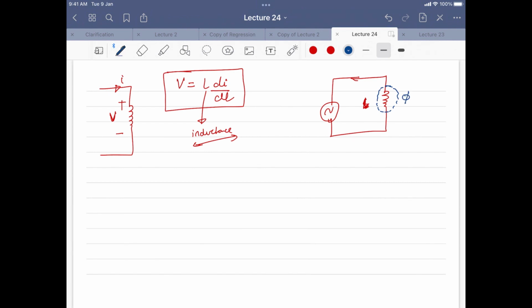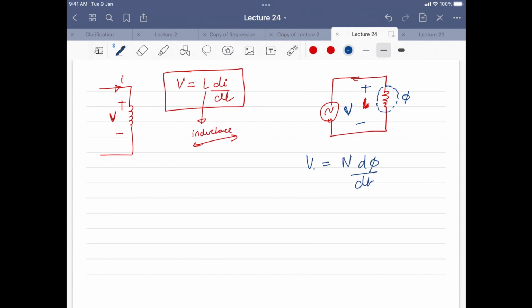So the voltage induced in this inductance, which we call capital V here, is basically N d phi by dt.